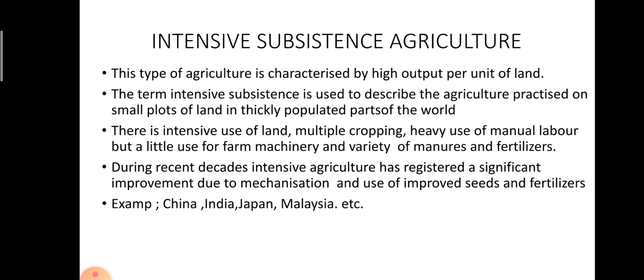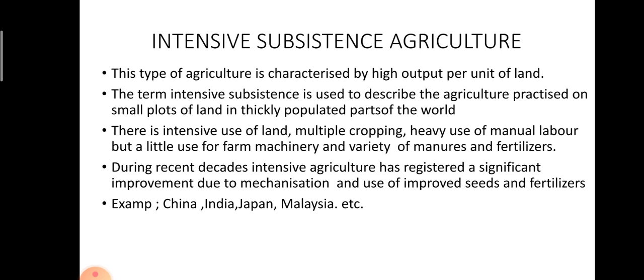And nowadays, due to the use of modern machines, HYV seeds, irrigation, fertilizers, pesticides, and insecticides, the production of food grains and other things also increases.